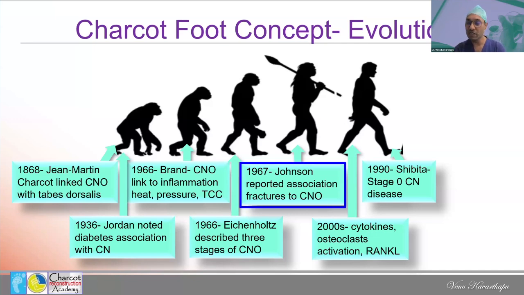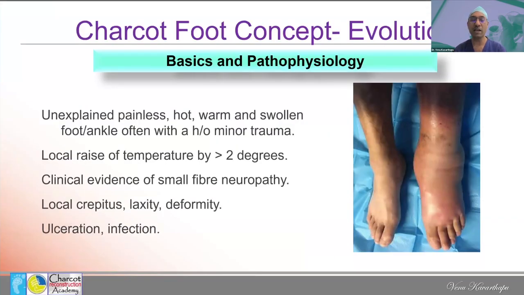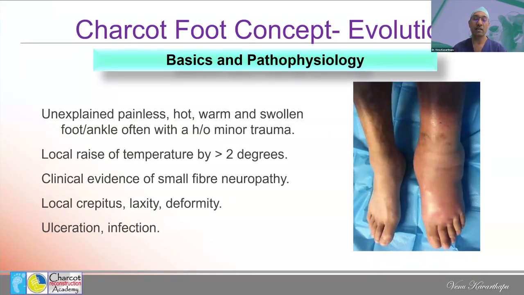But I would like to draw your attention to this study by Johnson's team, one of the first large series presentations of 118 foot fractures among people with peripheral neuropathy. They were recognized as Charcot, but the majority of these did not respond well to surgical intervention. In fact, that experience also led to the view that surgical intervention is perhaps not a safe thing to do, and maybe an amputation could be a safer option.